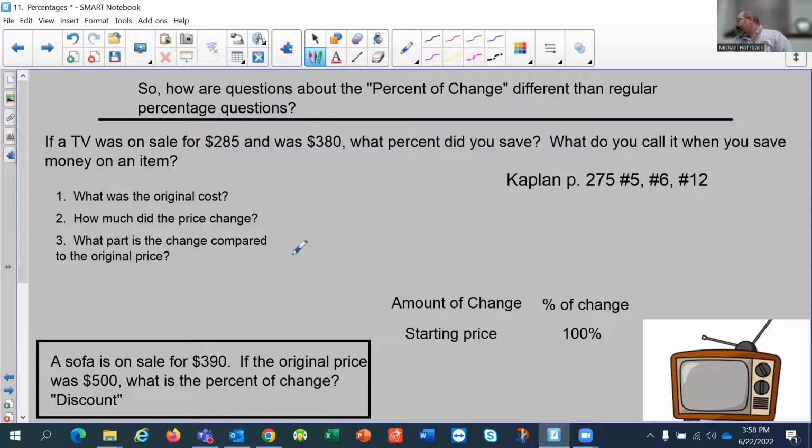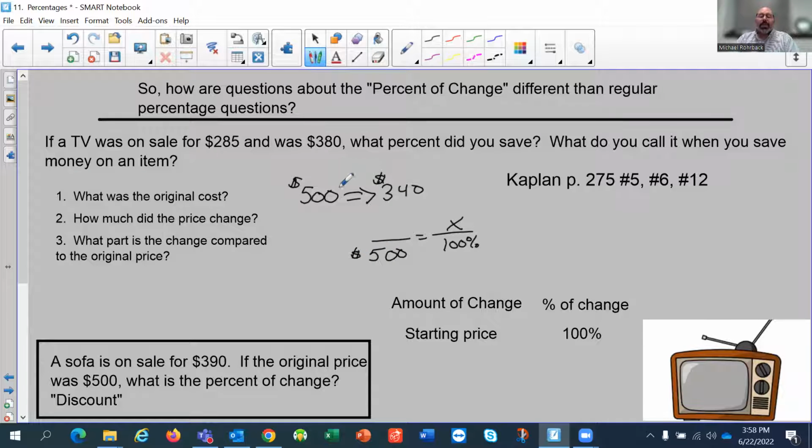All right, so let's try number 6. What is the percent of decrease from 500 to 340? So we're going from 500 and we are decreasing now to 340. So we're talking about a percent of change. We're talking about a decrease. Set up your four spaces. 100%. We're looking for the percentage, so we're putting an X there. 500 was the original price.